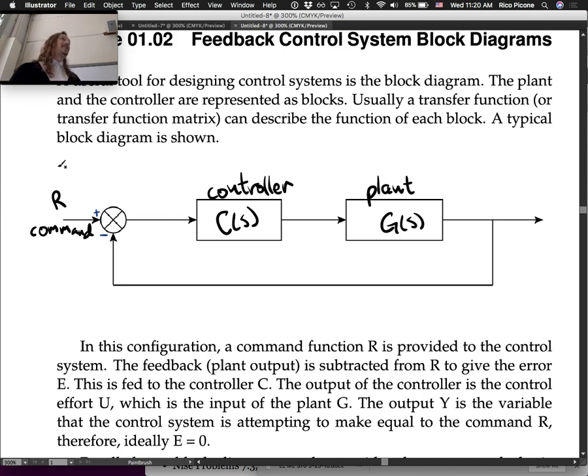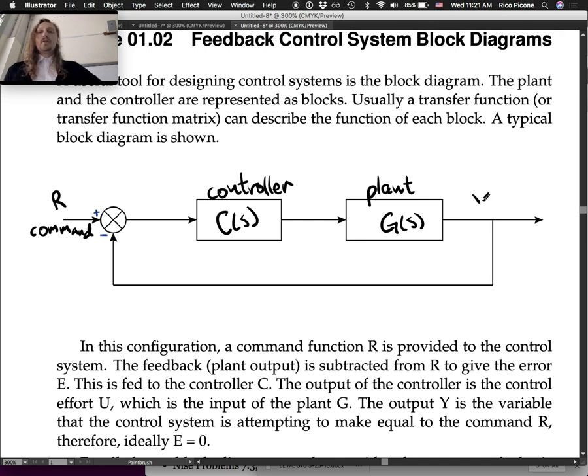It's nice, instead of having to guess what you should put into the plant to make the output what you want, you just put in 90 degrees, and then your control system in this feedback loop is going to try to make that happen. So you command 90 degrees. What you want to do is compare what the actual output is right now.